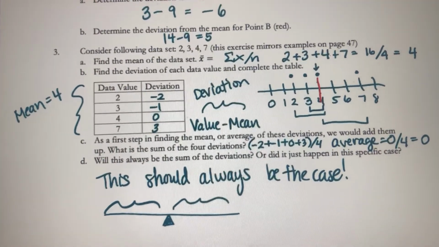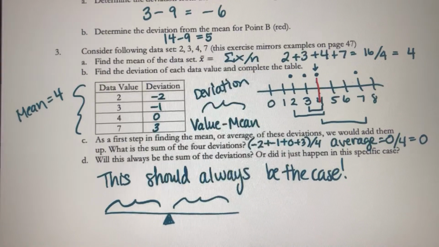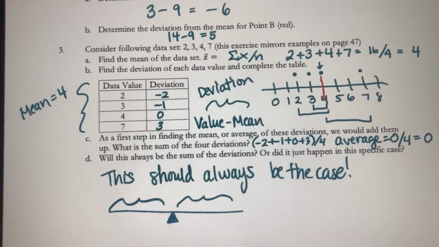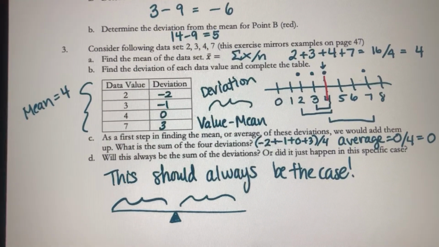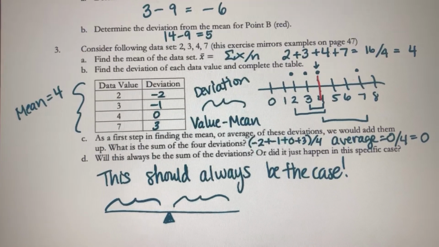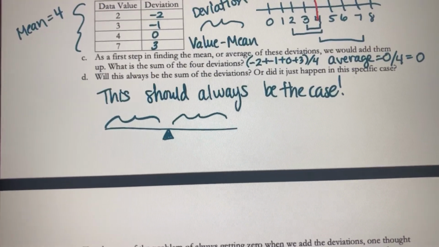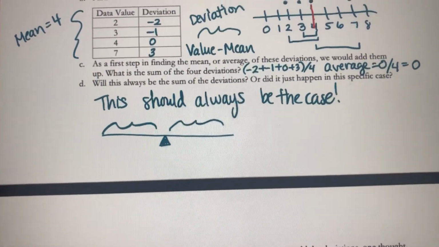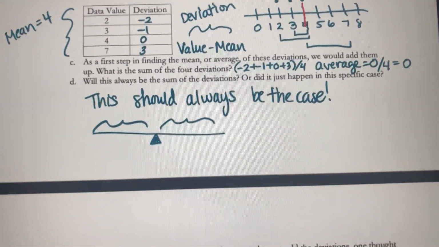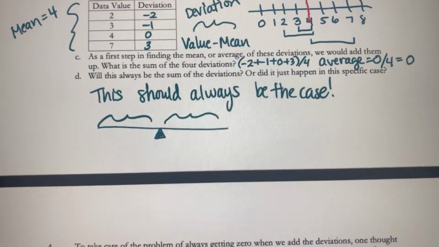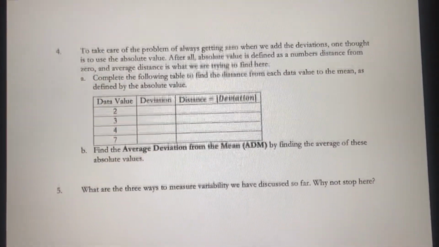So your deviations on the left should be equal to the deviations on the right. Otherwise, we haven't calculated our mean appropriately. There are times when you are using decimals and you've rounded, and you might get 0.01 or negative 0.01 instead of actually 0, and that's just due to rounding error.